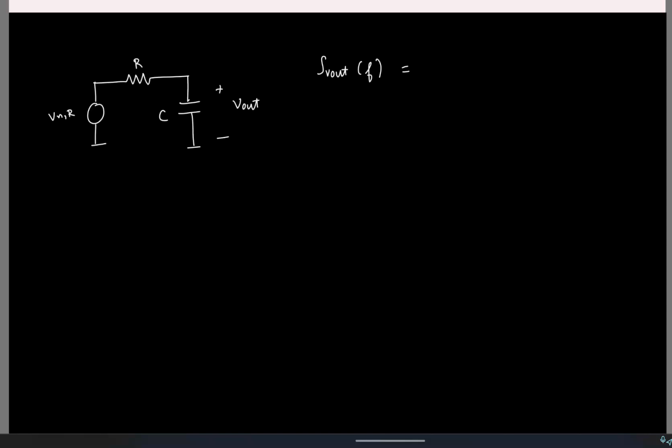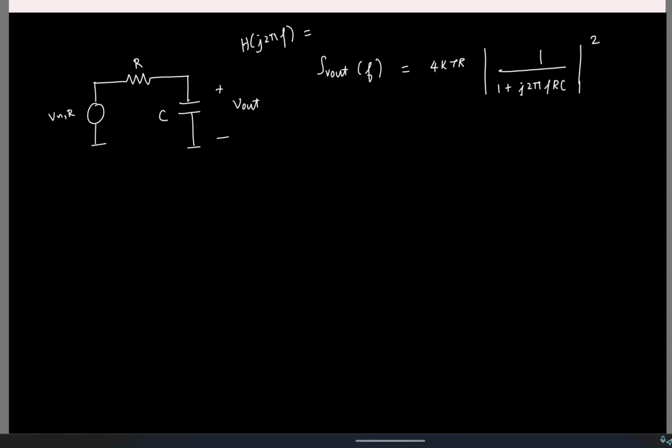It's 4kTR for the resistor, times the magnitude of the transfer function squared. And what is the transfer function? Just the transfer function, H of j2πf. Yeah, 1 by 1 plus sRC. So if you replace s by j2πf, it is 1 by 1 plus j2πfRC.